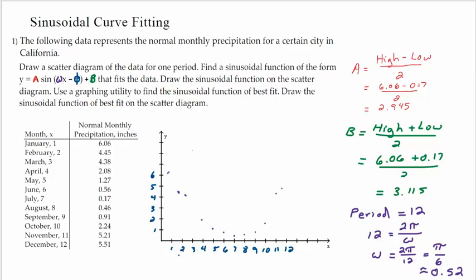So what we would do is we would say, well, so far we've got, without any shifting, y equals a times the sine of omega x plus my vertical shift. Then I would plot this on this graph and see how far I'd need to shift it left and right to get it to better match this data.